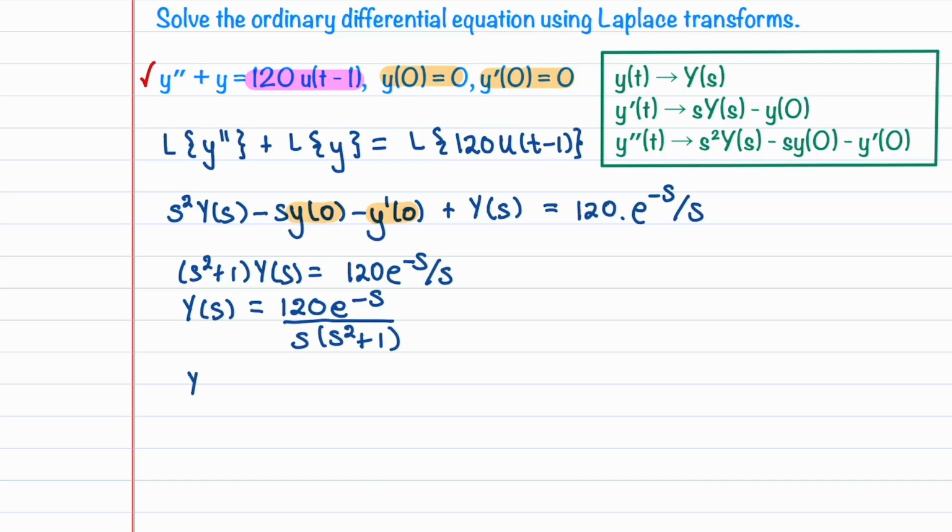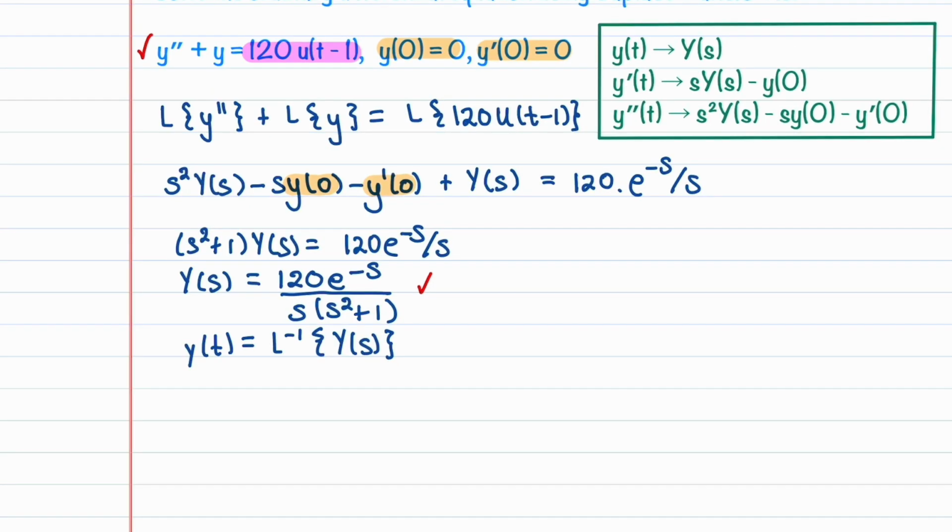Our solution, y of t, is the inverse Laplace transform of capital Y of s. So we need to find the inverse Laplace transform of this function. Let's think of capital Y of s as 120 e to the minus s times capital F of s.